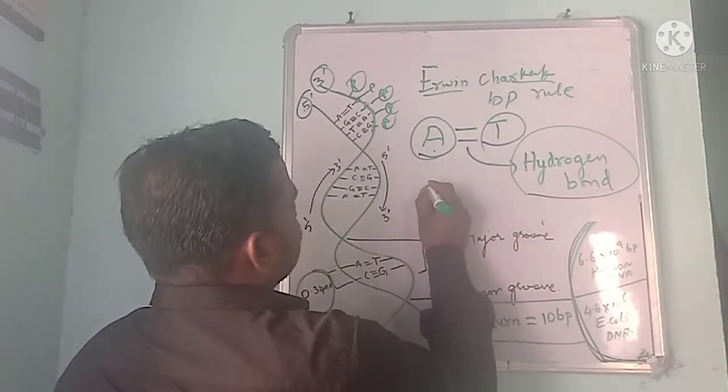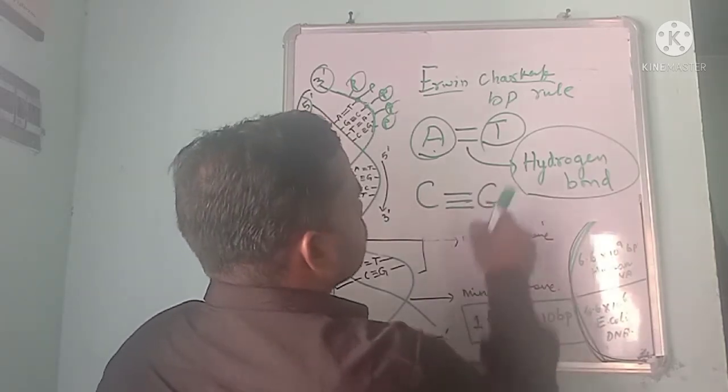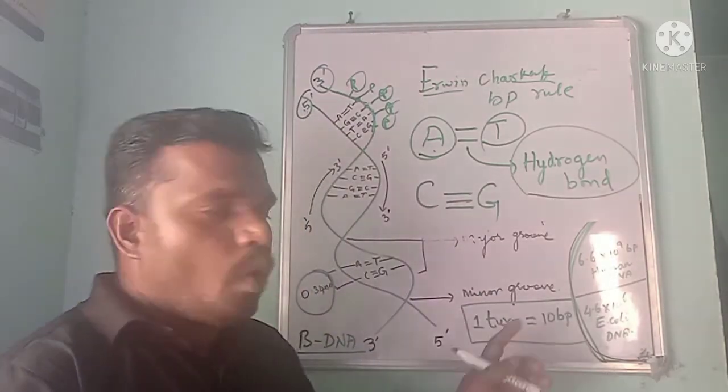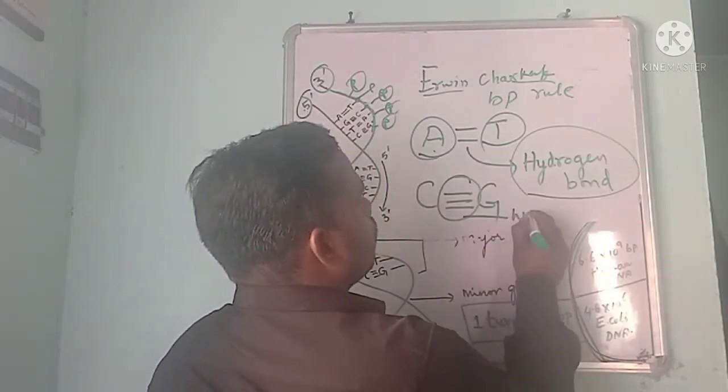Then we have cytosine always pairing with guanine. Cytosine always pairs with guanine. This has a triple hydrogen bond.